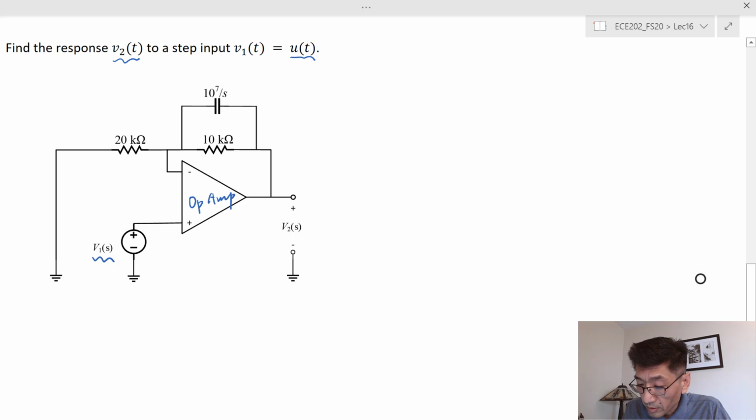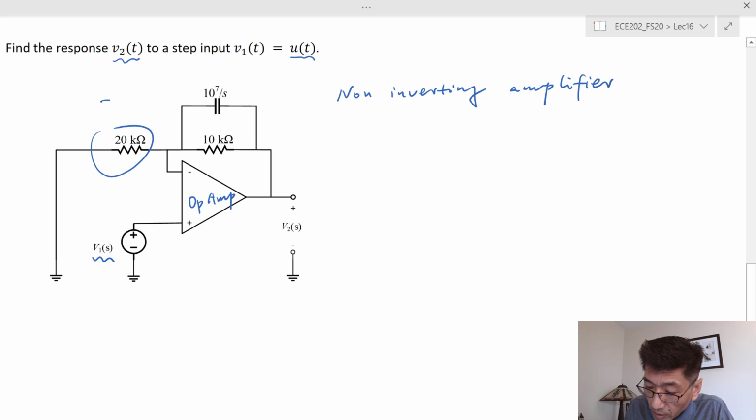So in this case, we recognize this is a non-inverting amplifier, and we recognize this is Z1 and this is Z2.